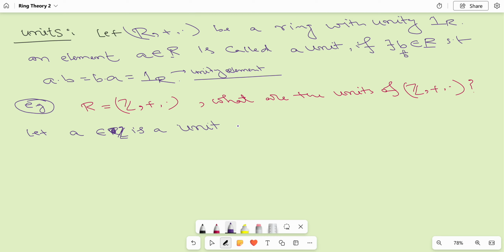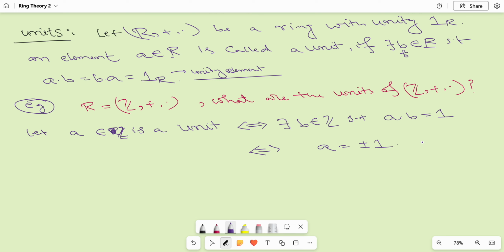What does it mean? It is equivalent to saying that there exists b inside Z such that a dot b equals 1, which is equivalent to saying that a is either plus or minus 1. There is no other choice.